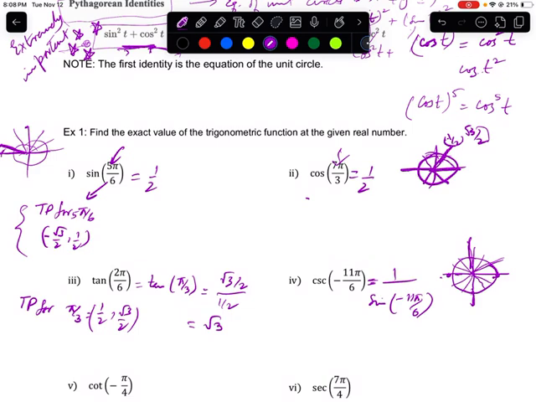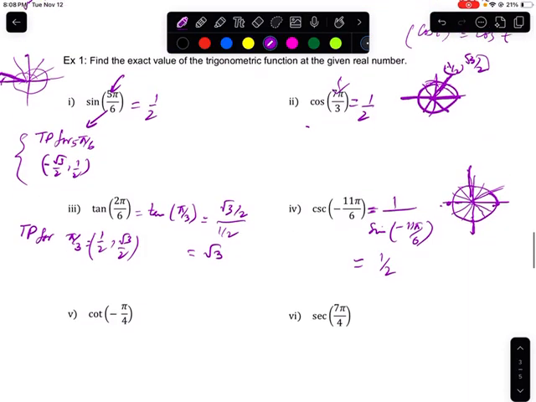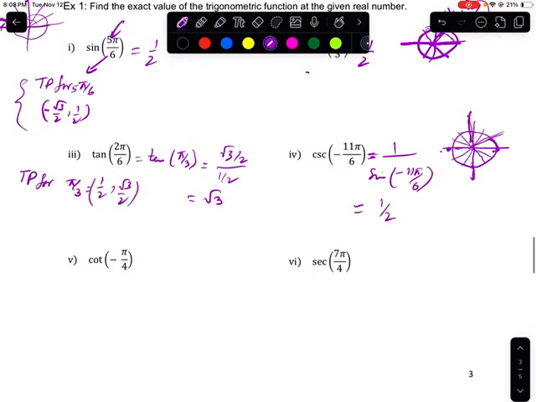So in the first quadrant the sign is positive, and the y value will be positive, and so we end up getting 1/2. Sorry, 1 over 1/2, which is 2.